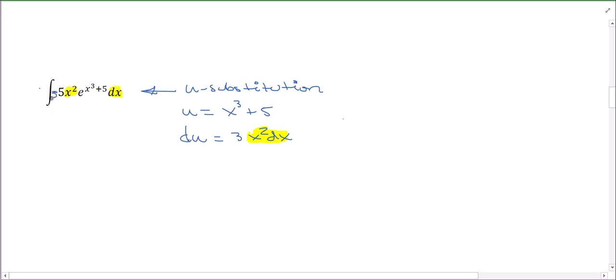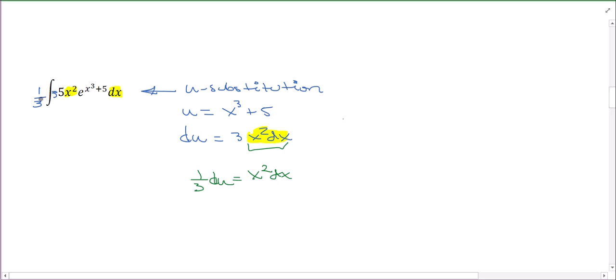But then I'm changing the problem, so we need to put a 1/3 out front. Or the other way that you can think of it is to solve for the highlighted part. So you can say x squared dx is 1/3 du.